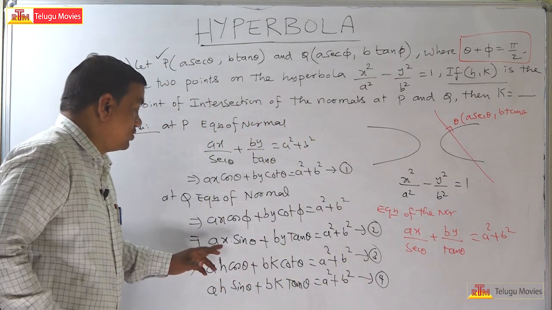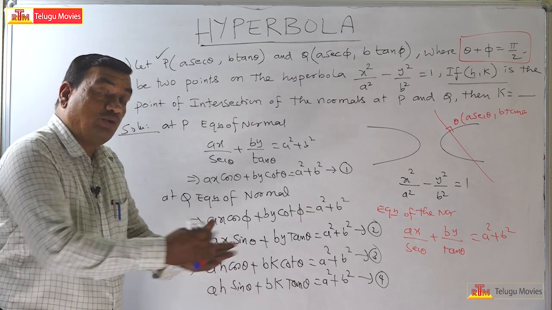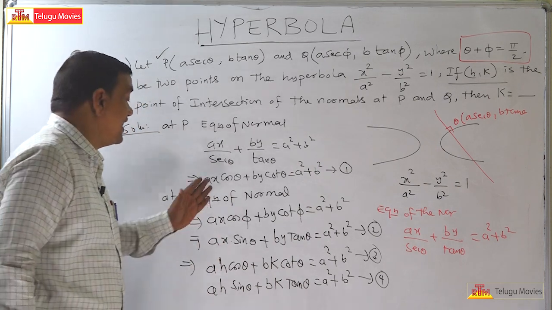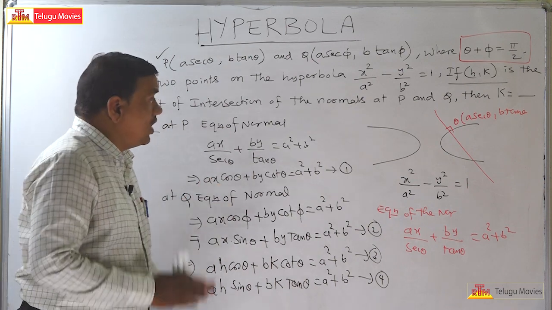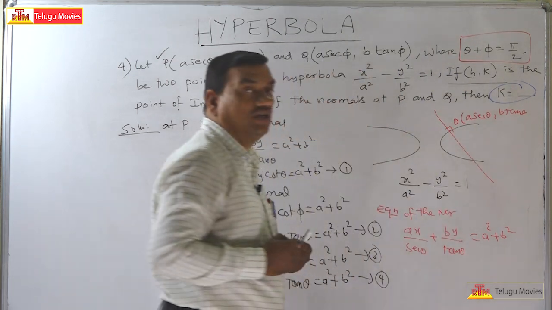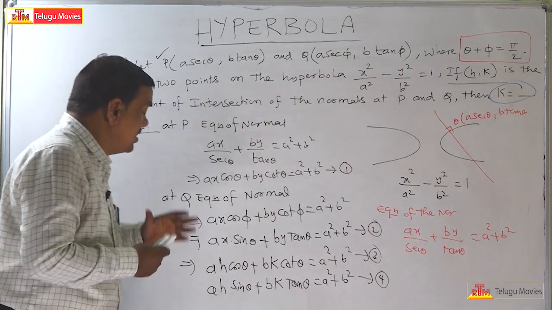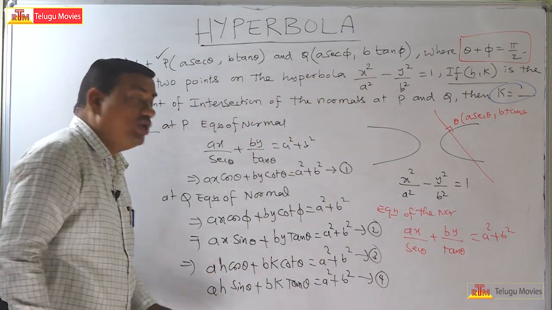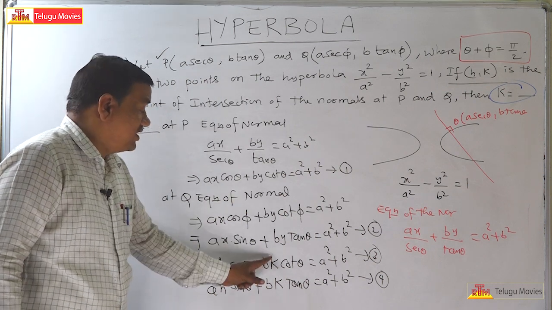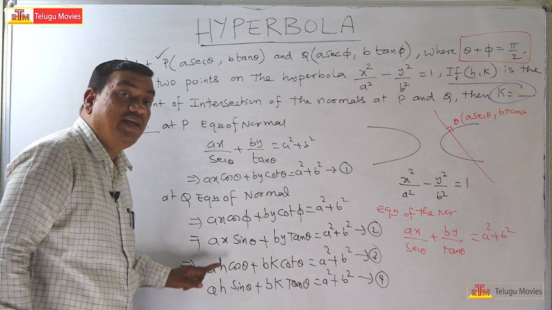That's all. Since both the normals pass through (h, k), we can substitute h and k in place of x and y. Now he is asked to find the value of k. Very easy, these are two linear equations in the variables h and k. So he wants k, that's why you have to eliminate h.